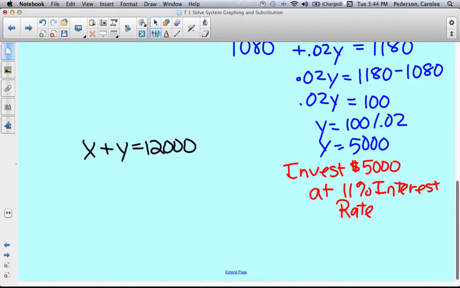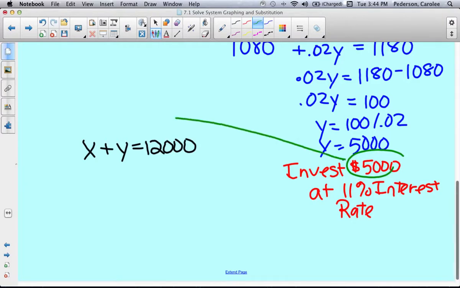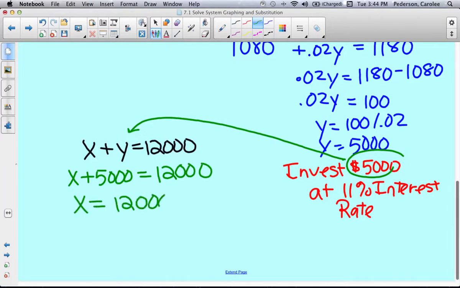We're going to take the 5,000, which is your y, and substitute it right here. So x plus 5,000 equals 12,000. Solve it for x. So subtract 5,000 from both sides. A nice number of $7,000.